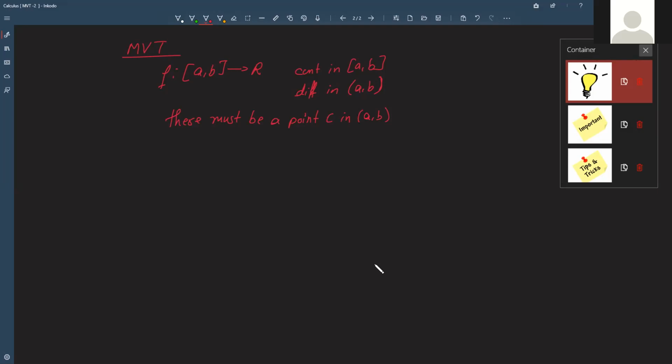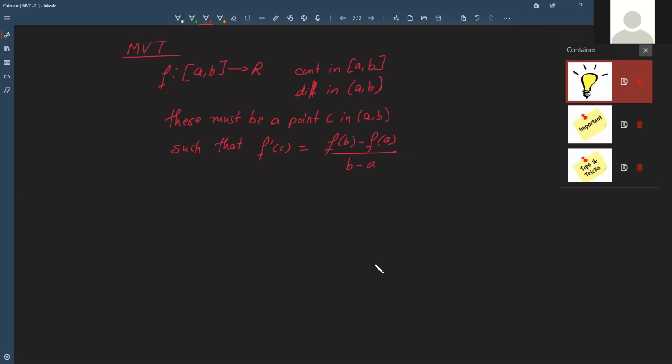In between a and b there is a point c such that f dash of c is equal to f of b minus f of a divided by b minus a.